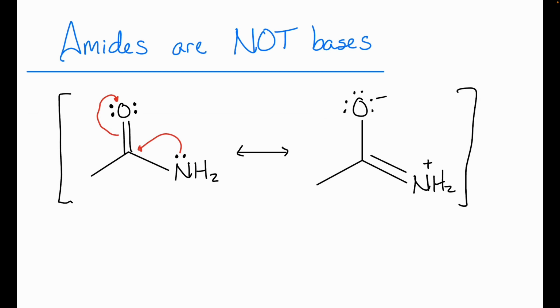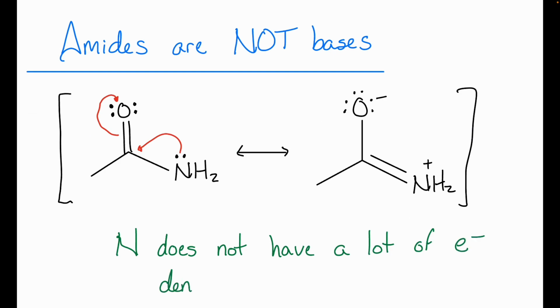It's really important to the chemistry of these particular compounds. What these resonance contributors are illustrating is that in an amide, the nitrogen does not have a lot of electron density. That electron density is being pulled through that carbonyl group onto that carbonyl oxygen.